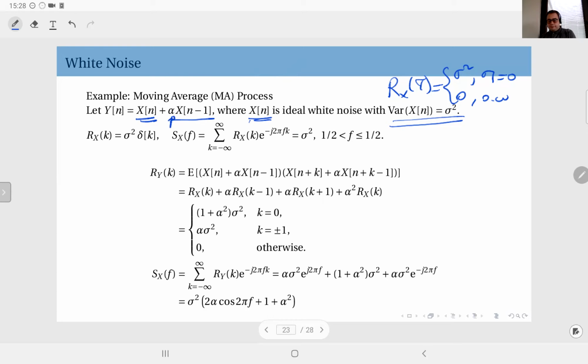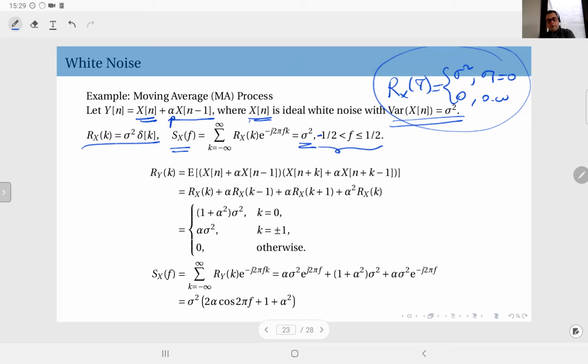The autocorrelation of x is sigma square delta k, as I have indicated here, and obviously the power spectral density is sigma square. It's flat over all frequencies. Since this is a discrete time signal, the frequencies take values from -1/2 up to +1/2.